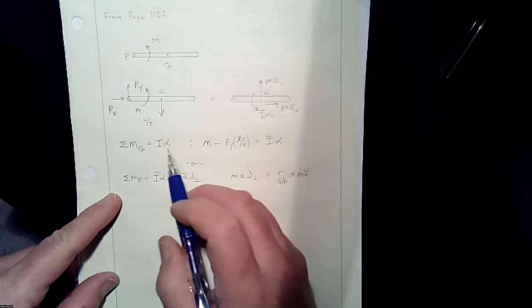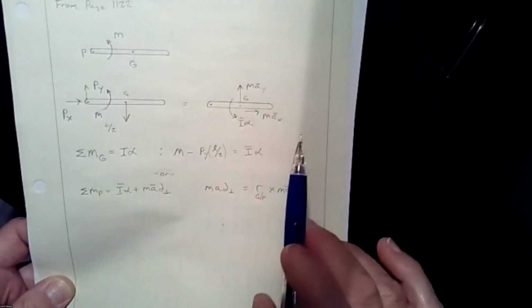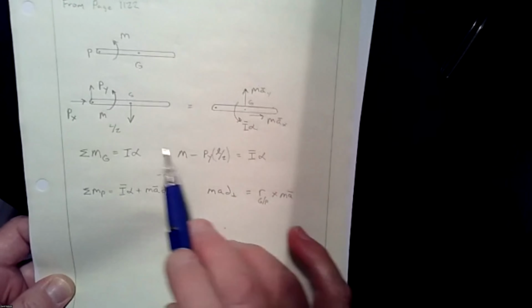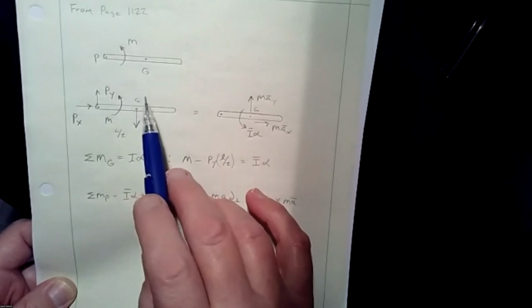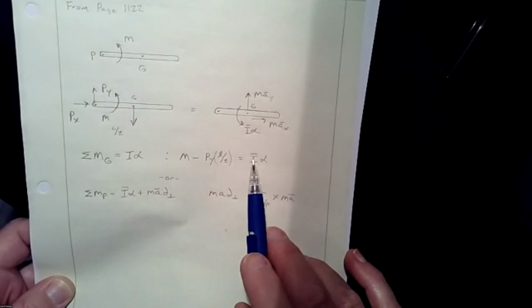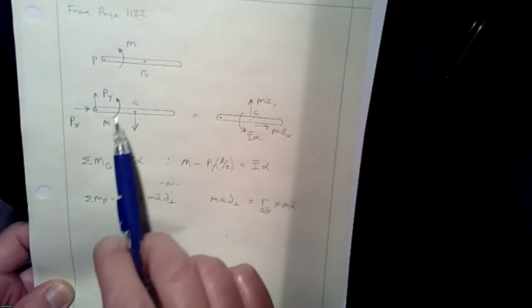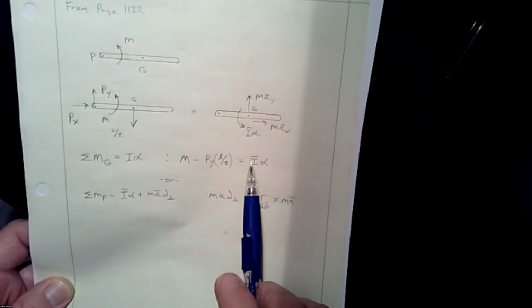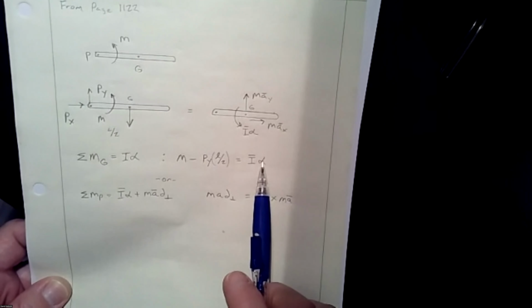That's the only thing you have. So if you were to do the sum of the moments about G, you'd have the moment that's created, minus Py, because that's the only force that makes a moment, times its distance, and that equals the entire I alpha. So by knowing what moment is on that and what force P is, then if you knew I, which would just be 1/12 m l squared, you could calculate the angular acceleration.